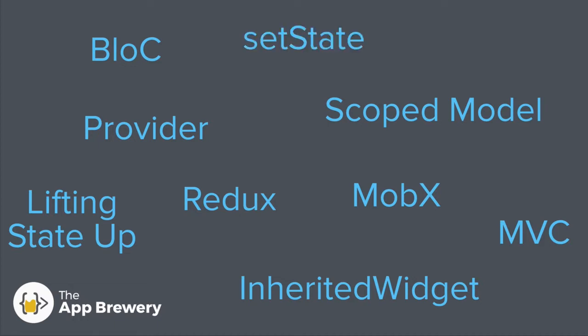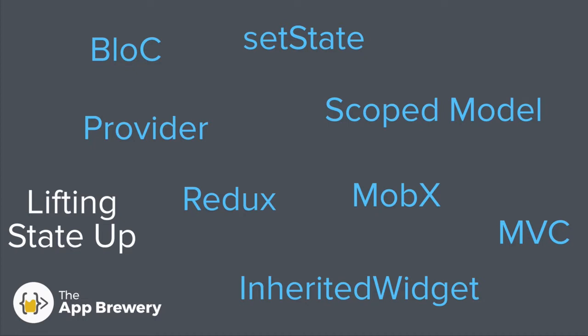Now, we also saw lifting state up earlier on. Using a combination of callbacks and lifting the state up in the widget tree, we were able to manage our state. But of course, as our app gets more complex, and if we need to have callbacks that traverse the entire tree, or if we need our state to be passed multiple levels down, then we might encounter some problems.